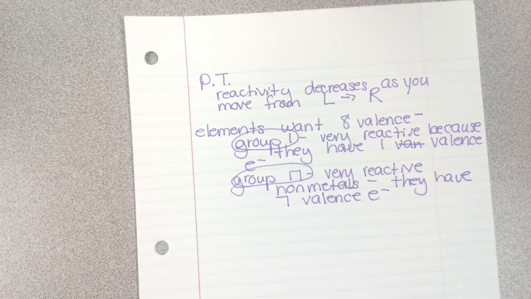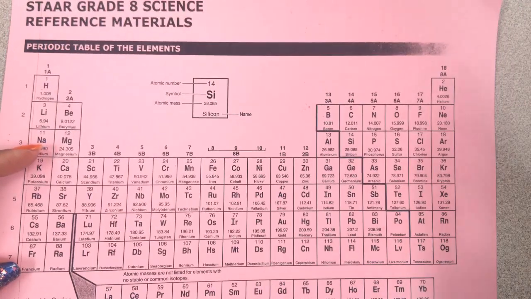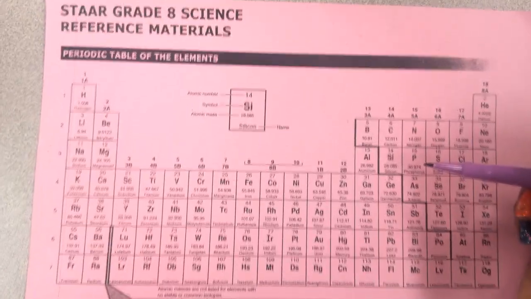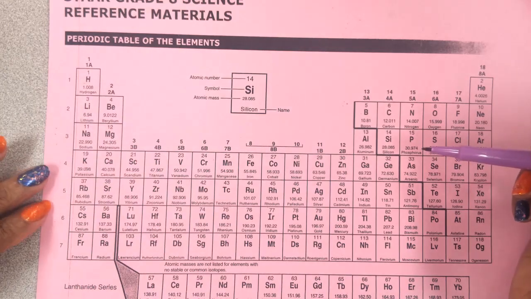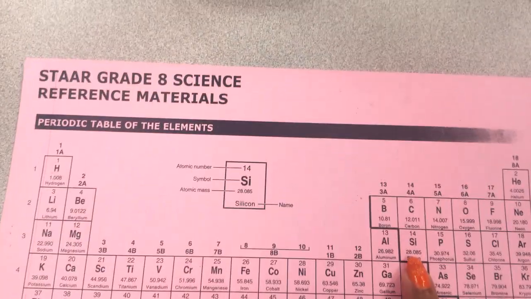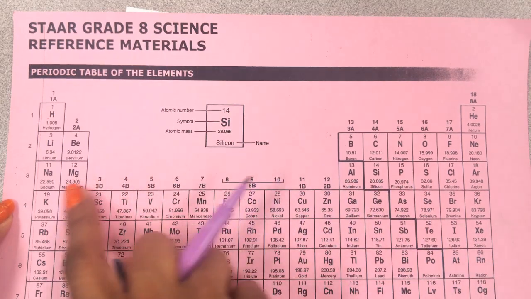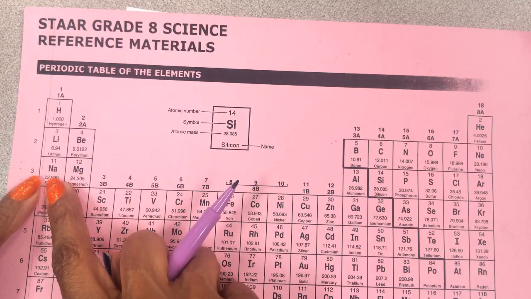All right, I'm going to pause here and look at some examples. Let's look at a few examples of identifying valence electrons. Let's look at phosphorus. We're going to look at periods, groups, and valence electrons. Phosphorus is in period 3.